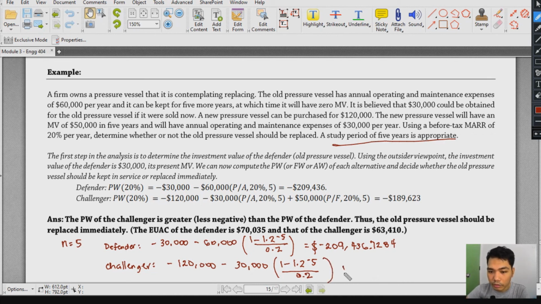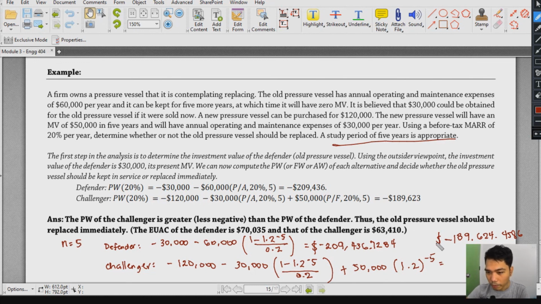So that's plus 50,000. Remember, this is at 5 years and we have to bring this to the present. Given the future amount, it's 50,000 times 1.2 raised to negative 5. So what could be the answer? The answer here is negative 189,624.4586. Okay, so this is your cost for the Challenger.